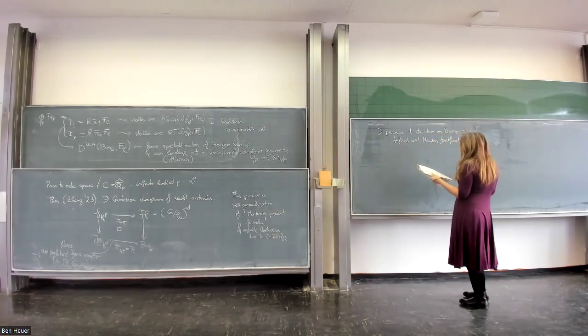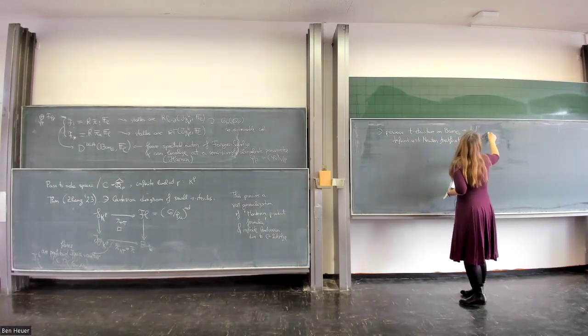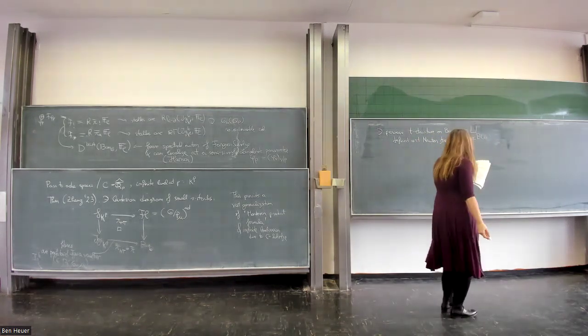So this Bun_G is a disjoint union of strata indexed by elements of the Kottwitz set.